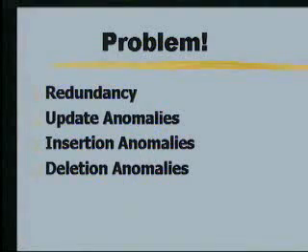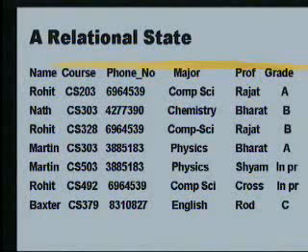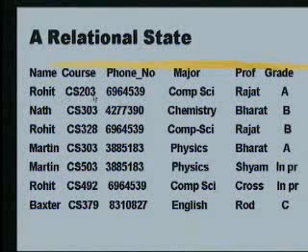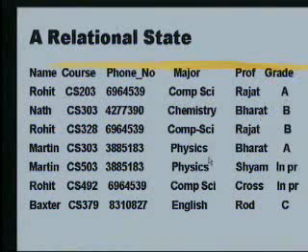What about a deletion anomaly? What do I mean by deletion? Well, let's assume in the same table, the course CS203 is taken up only by Mr. Rohit, and he wants to drop it, in fact he cannot drop this course because he has already completed it.